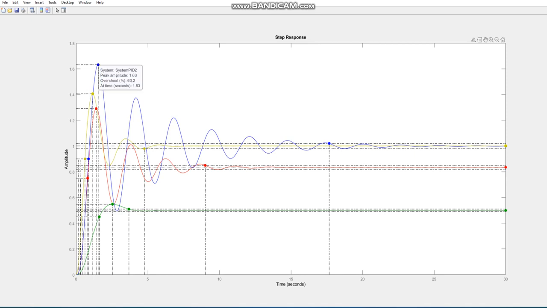As we see here, the blue graph has more overshoot, which is not suitable for this system. The red one is the most suitable one.